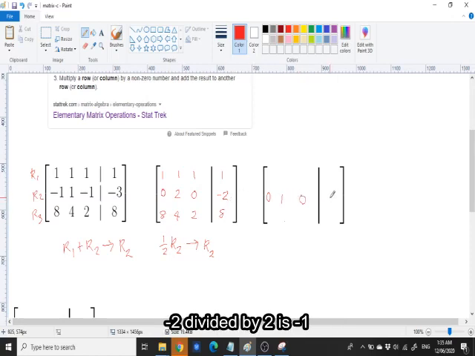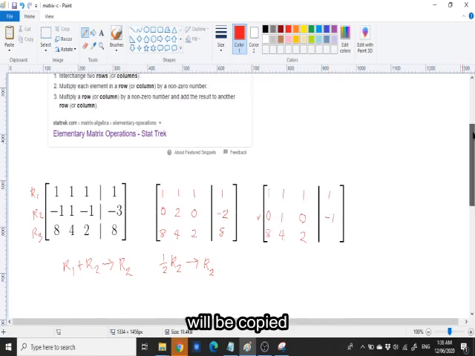Negative 2 divided by 2 is negative 1. Okay? Now our second row is okay. Right? We found the value for B. So everything else will be copied.